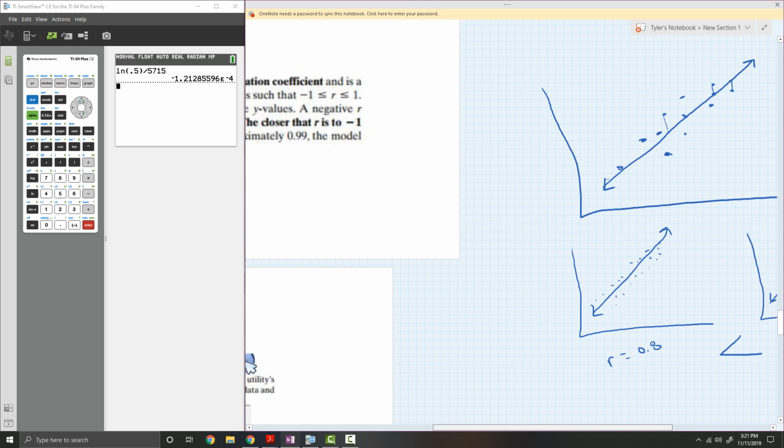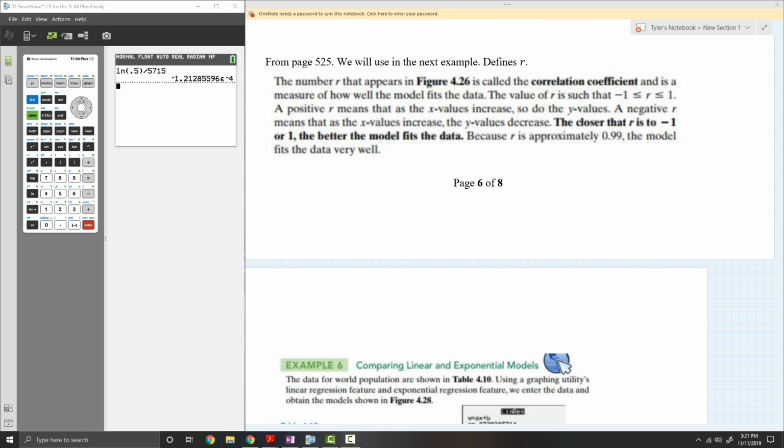You can see here that the value of r is always going to be between -1 and 1. A positive r means that as x increases, so does y, so we have growth. A negative r means that as the x values increase, the y decreases, so we have decay.